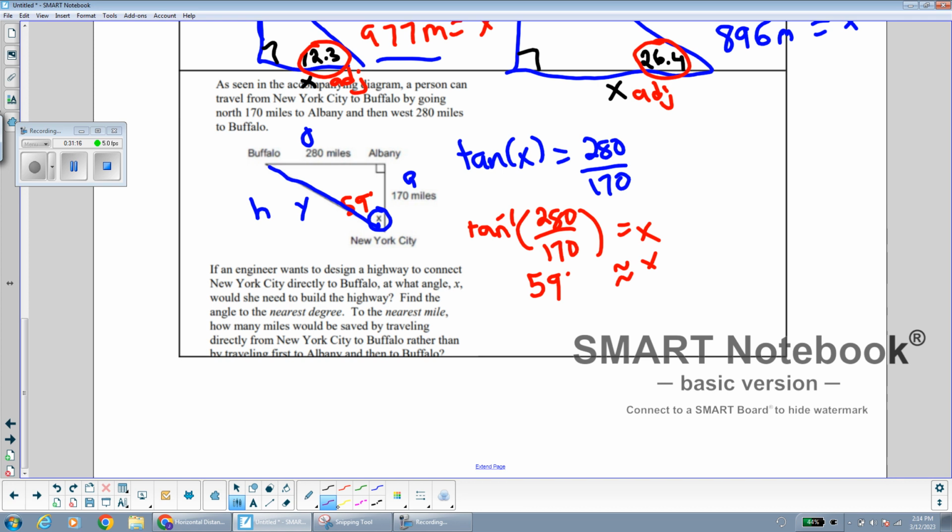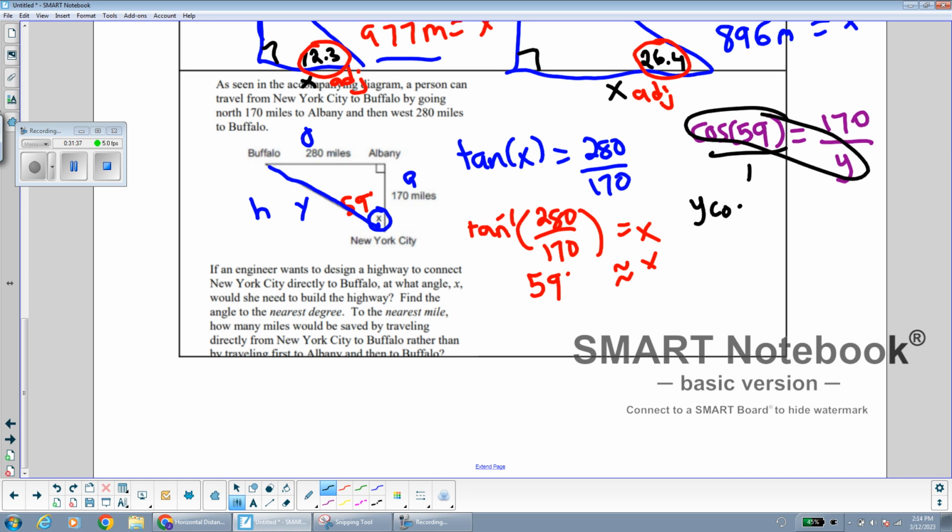So let me put that over here. Cosine of our 59-degree angle that we found is equal to adjacent, which is 170, over the hypotenuse, which I called y, which is what we're finding. Let's cross multiply and solve. So we have y cosine 59 equal to 170. Now I just need to divide both sides by cosine of 59.